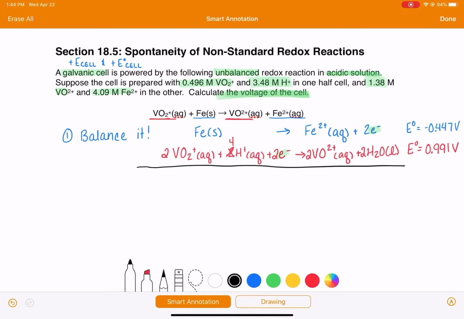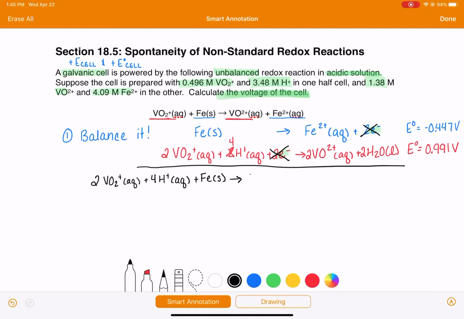And now we're going to combine the two reactions together. 2VO2+ aqueous plus 4H+ aqueous plus Fe solid. I'm not going to write these electrons down because they're just going to cancel.